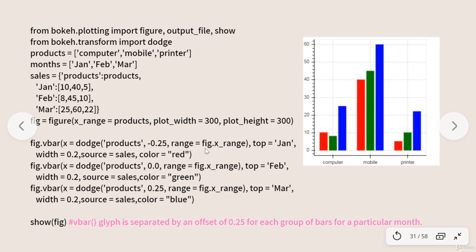The range equal to fig.x_range, then top is equal to January. We'll do it for January, then this is for February, then this is for March.